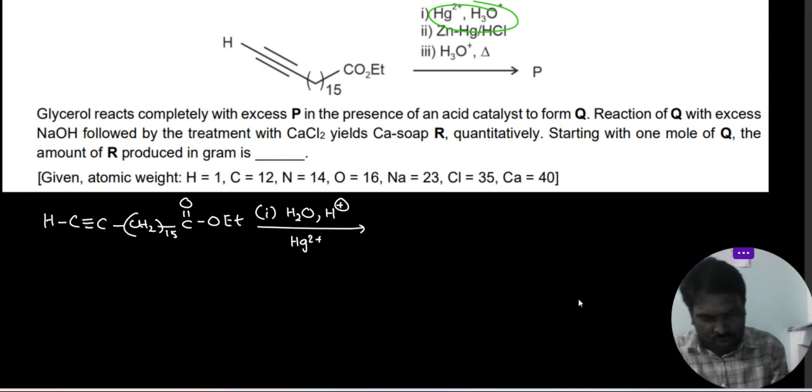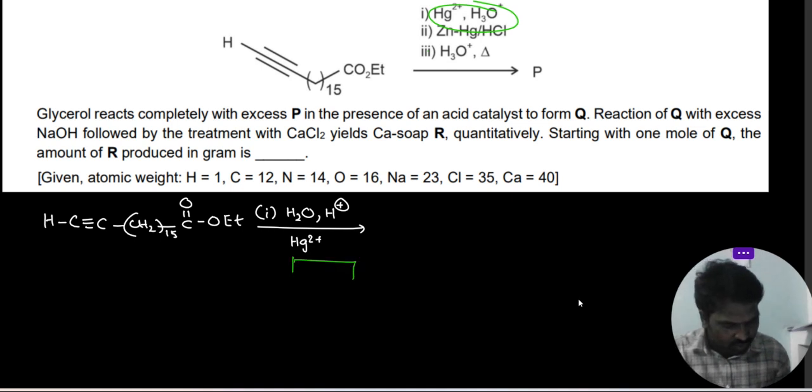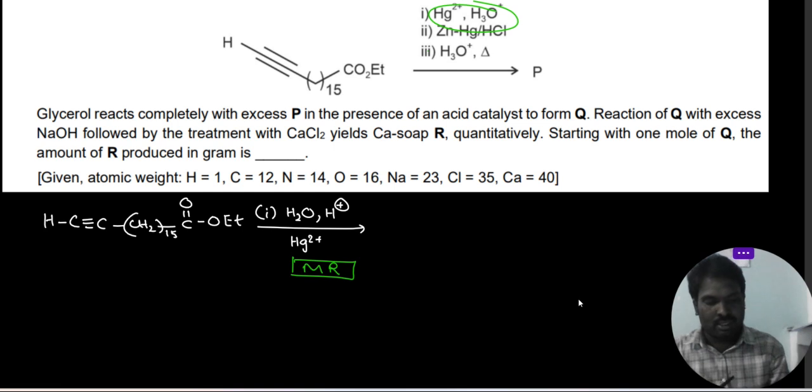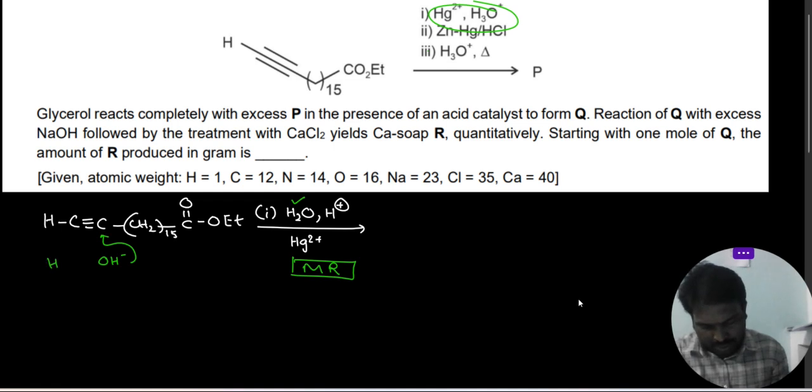And simply this follows Markovnikov's rule. So water, comma H plus, in the presence of mercury 2 plus, follows Markovnikov's rule. That means from water, the main reagent, the negative part is added to the internal carbon and the positive part is added to the terminal carbon. This is Markovnikov's rule.